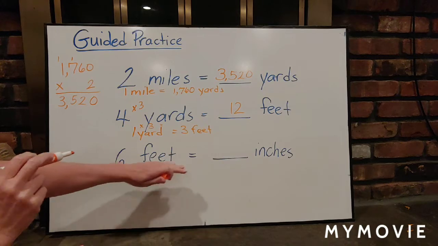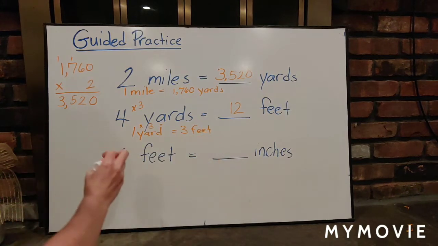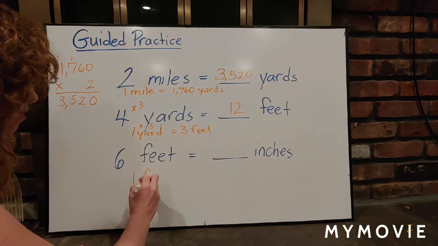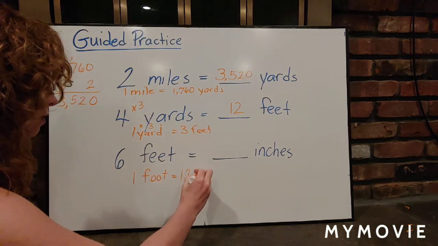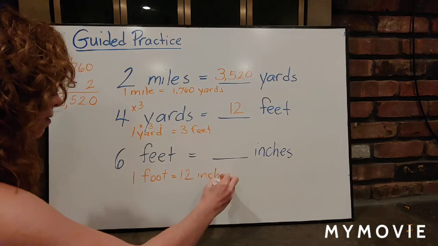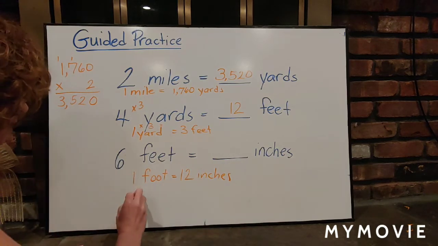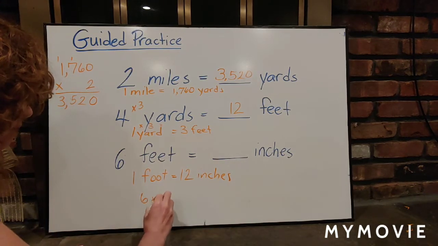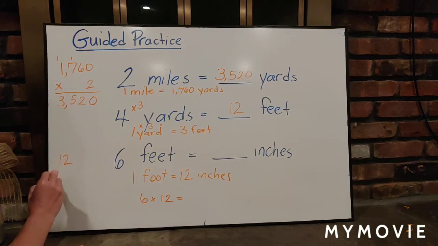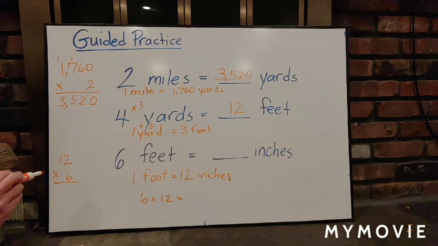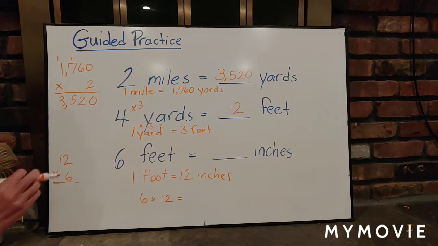And now 6 feet equals how many inches? Well, 1 foot equals 12 inches. So we're going to take 6 times 12. We can rewrite it over here. Although I know everyone knows their 12 times tables because we really spent a long time practicing on that this year.